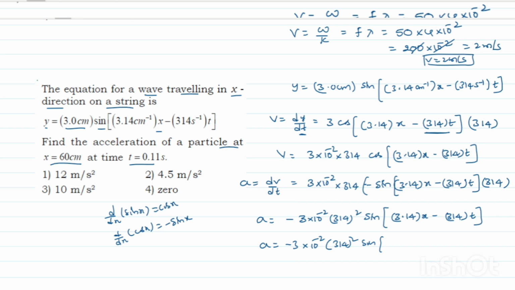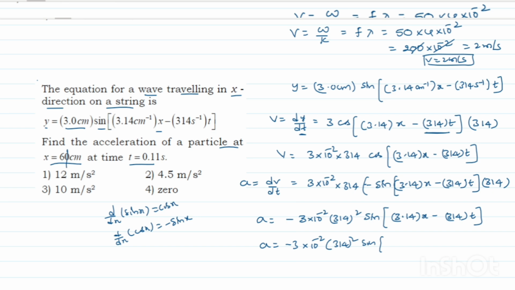I am taking 6 centimeters. I think it's not 60, it is 6 alone. Students, there is a correction: it is not 60, you have to keep it as 6 alone.